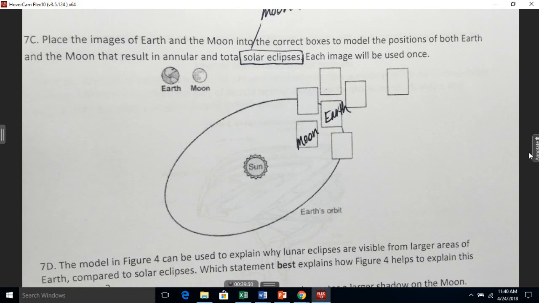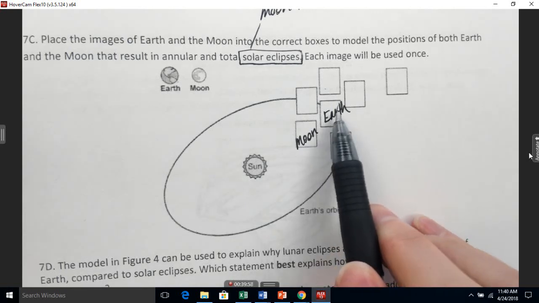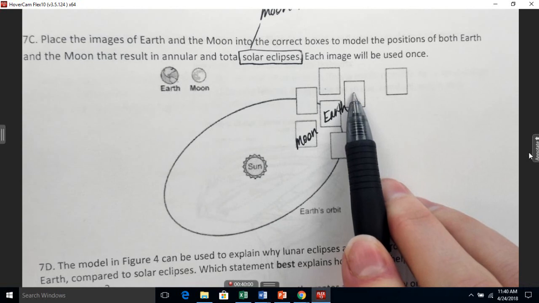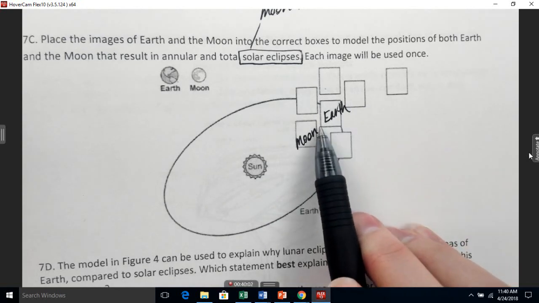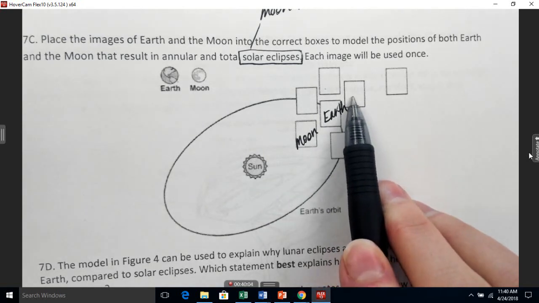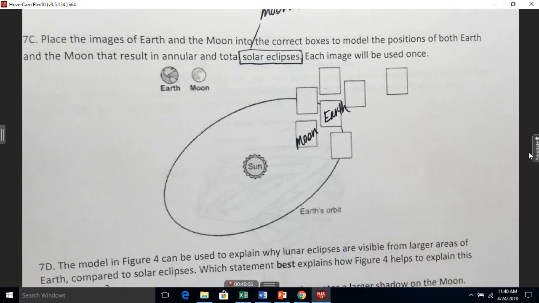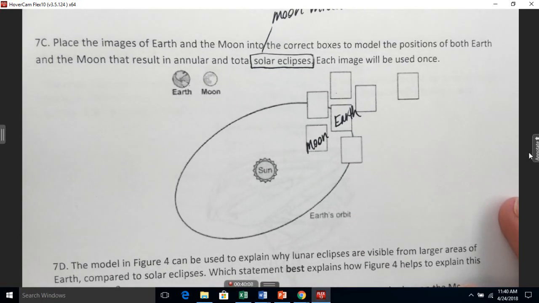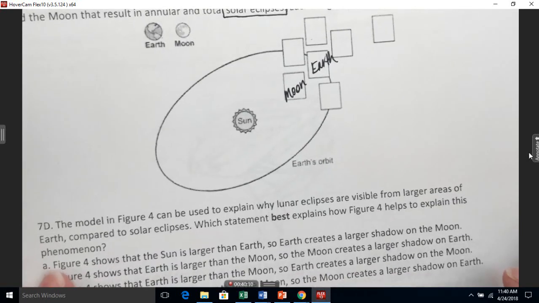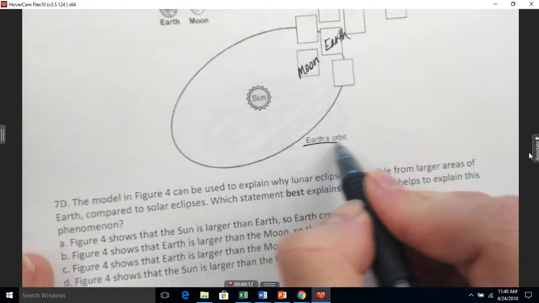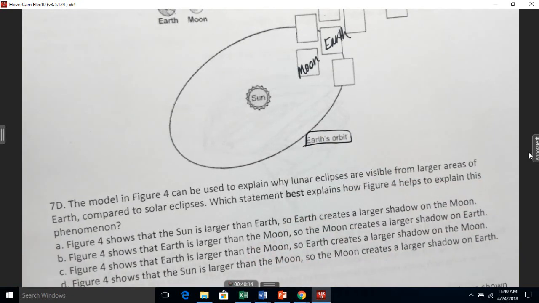No, Gage, you drew a lunar eclipse. You did Earth, Moon. I did that. I did Earth. How can you do Moon, Earth from the sun? Are you kidding me? Gage, that's a lunar eclipse.